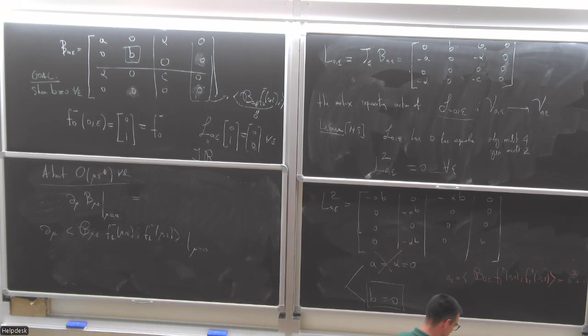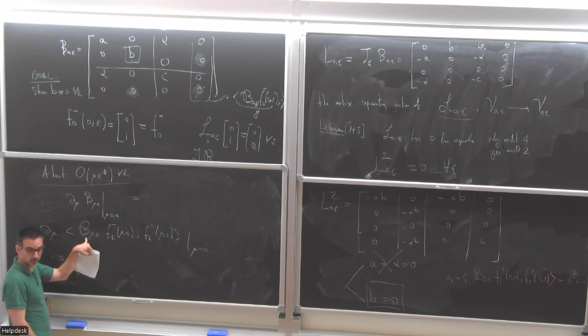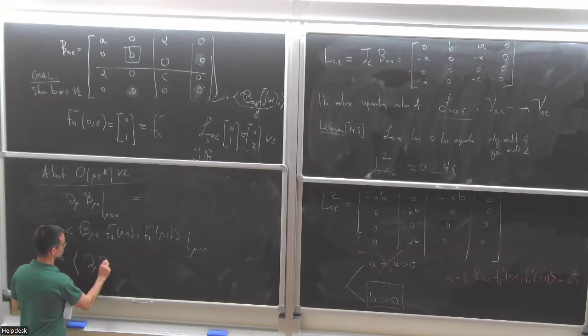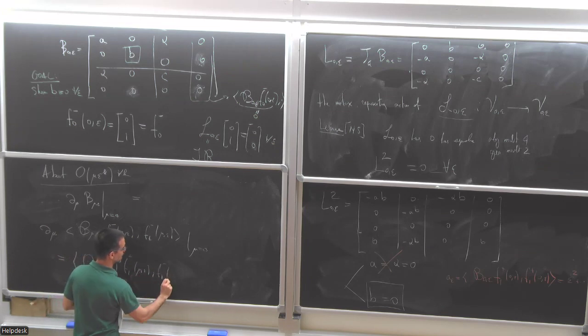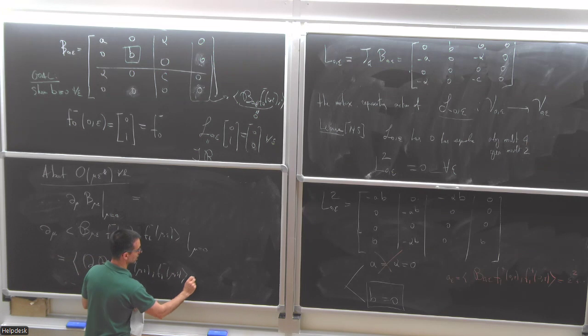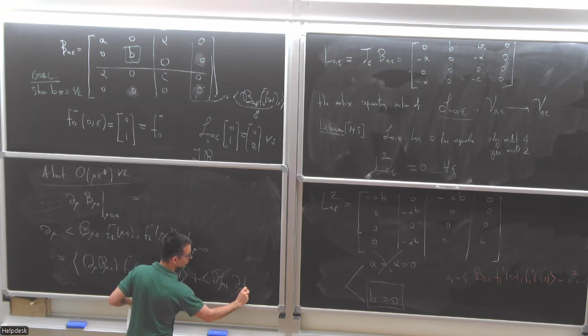And there are various terms, but let me write down the most dangerous one, which is when you take the derivative of this with respect to mu. So there are various terms. This is the derivative with respect to mu of B mu epsilon, F1 minus mu epsilon, F1 minus mu epsilon, the product, plus then you have B mu epsilon, and then the derivative with respect to mu of F1 minus mu epsilon, and so on.